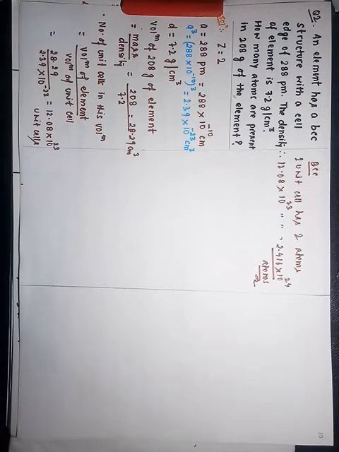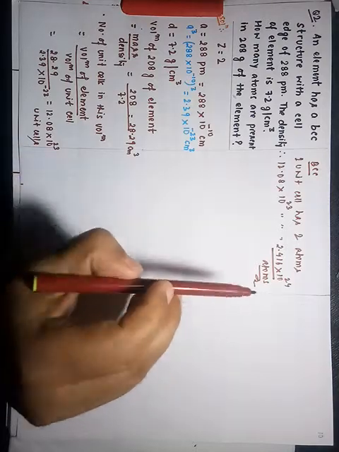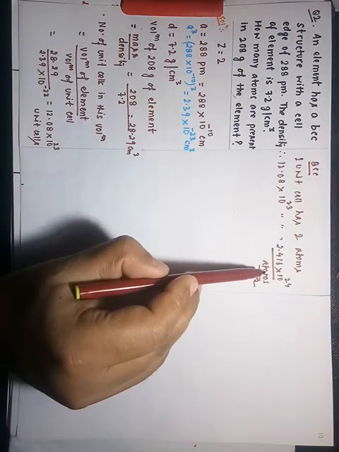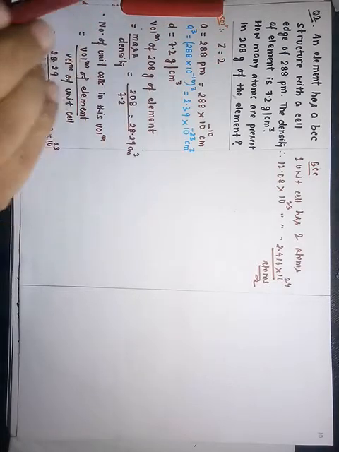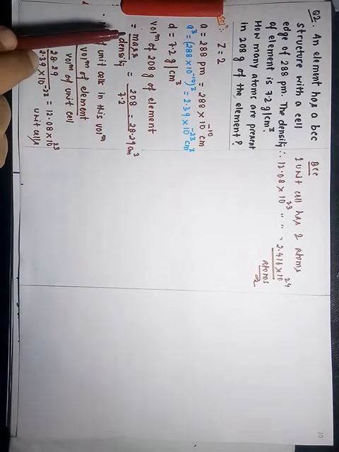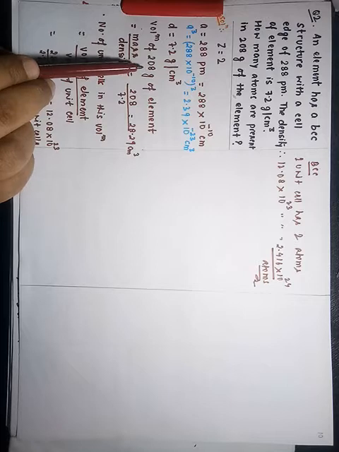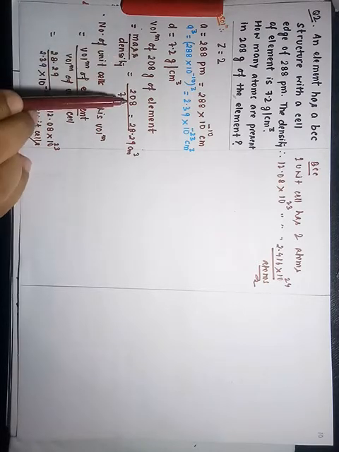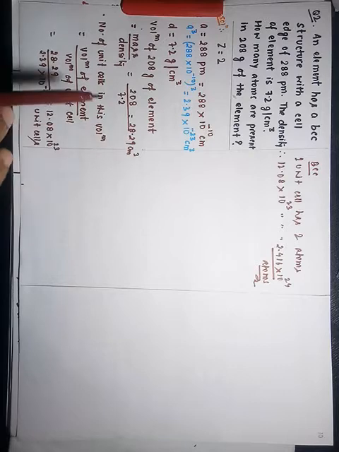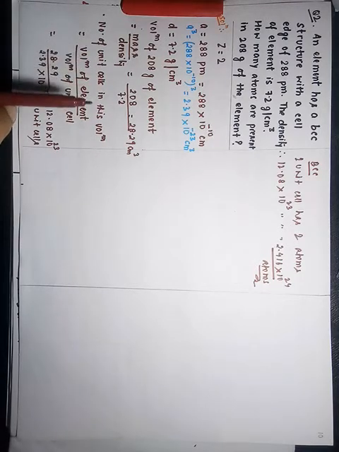So in this numerical, student, we calculated the number of atoms in 208 gram of the element. How did we do the calculation? We calculated the volume of this element having a mass of 208 gram, mass by density. Number of unit cells will be the volume of element by volume of unit cell.